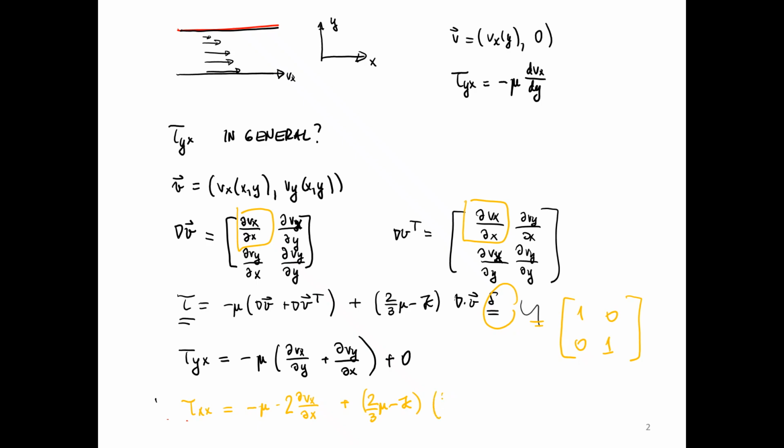What is divergence? It's dvx dx plus dvy dy for a two-dimensional field, and then times 1. This is my normal viscous stress tau xx. It's the transfer of x momentum across the x plane.